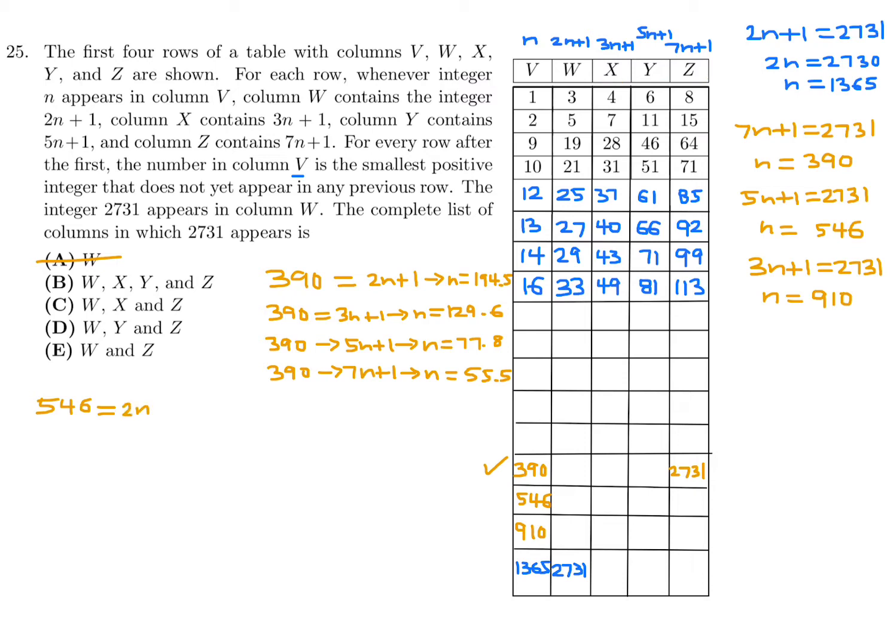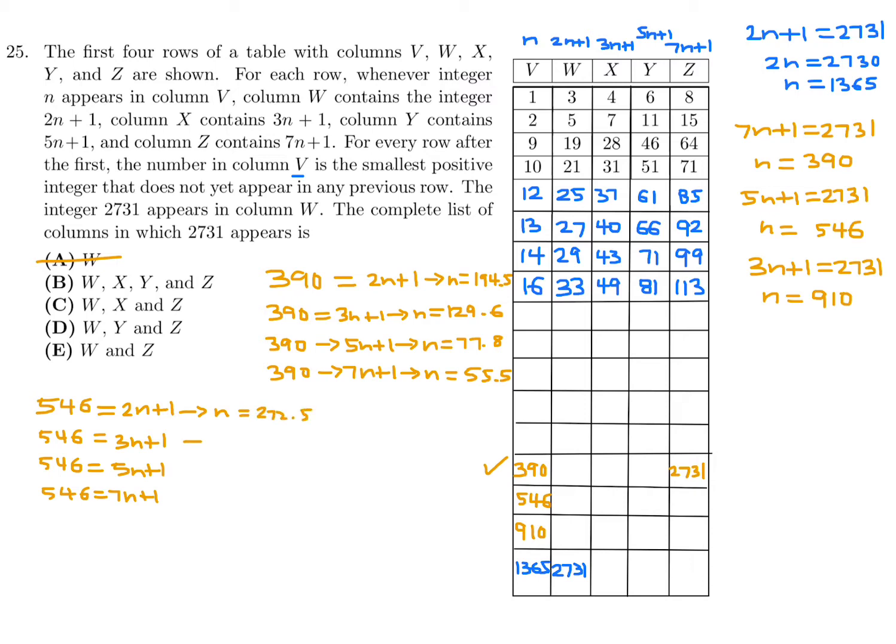So that means we have to figure out if 546 appeared earlier, yes or no. Okay, so first thing we need to do is figure out whether or not these can give integer values, yes or no. So equate these. 546 is equal to all of these, 7n plus 1.